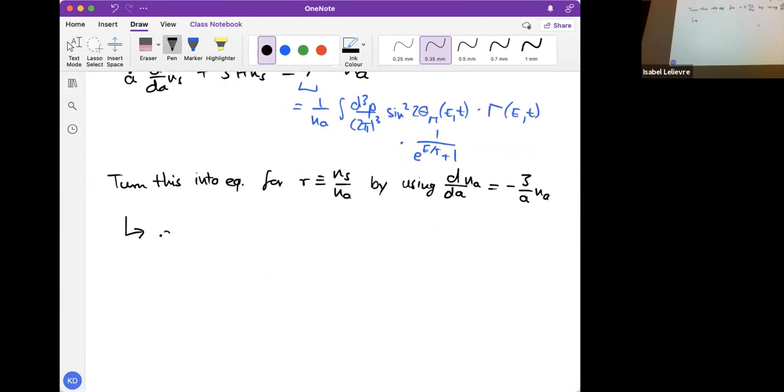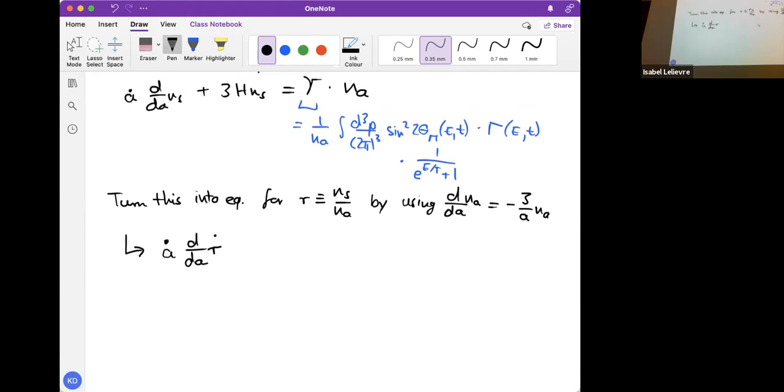Okay, so with this, we obtain that A dot times d over dA of R plus A dot times R over NA d over dA times NA plus 3H dot R is equal to gamma.